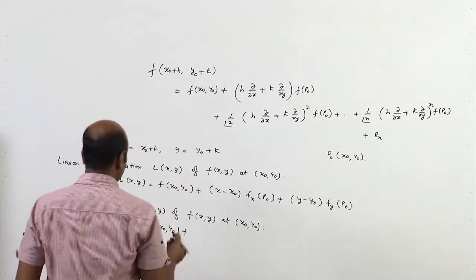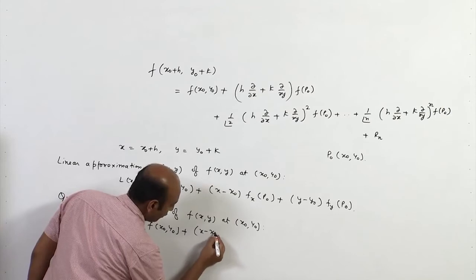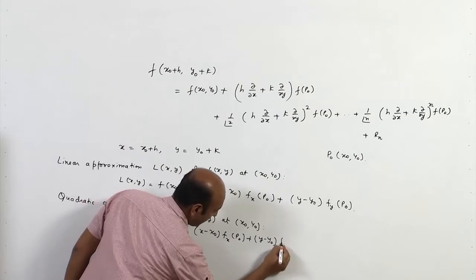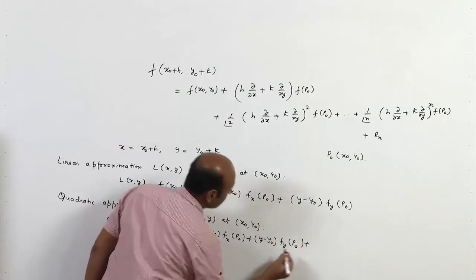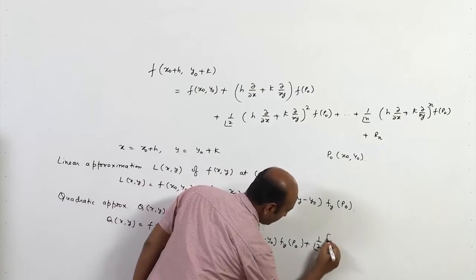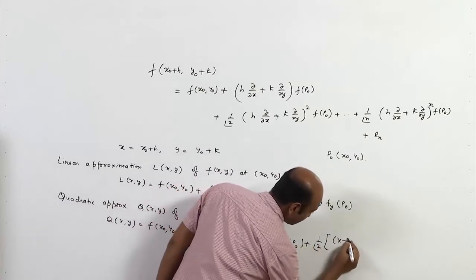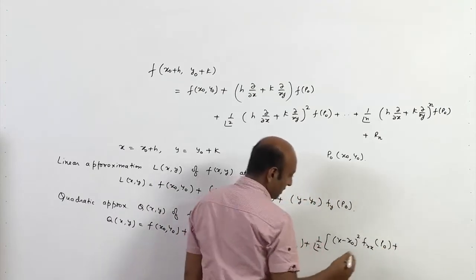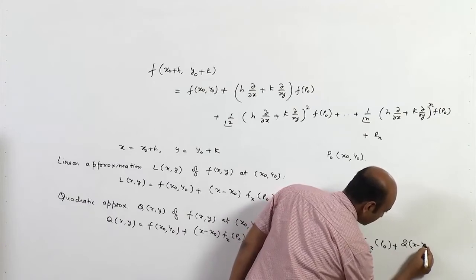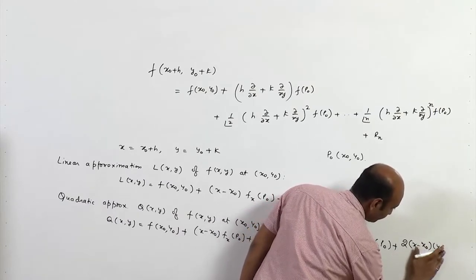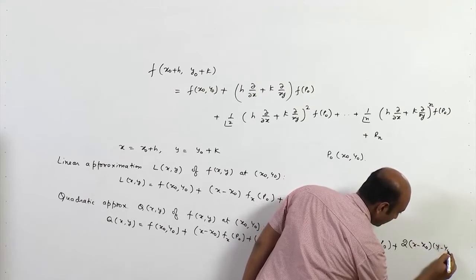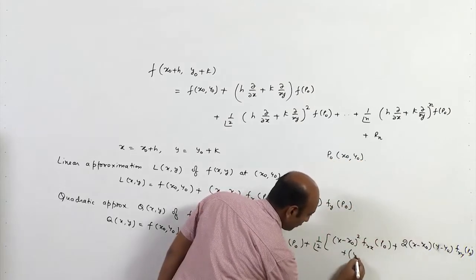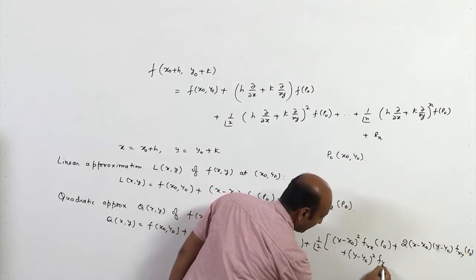So, what we obtain is x minus x naught f x at p naught plus y minus y naught f y at p naught, plus 1 by factorial 2 times x minus x naught whole square f x x at p naught plus 2 x minus x naught y minus y naught f x y at p naught plus y minus y naught whole square f y y at p naught.